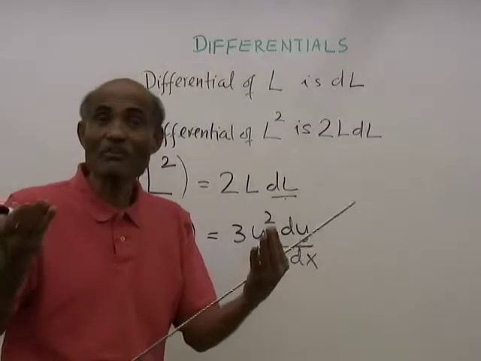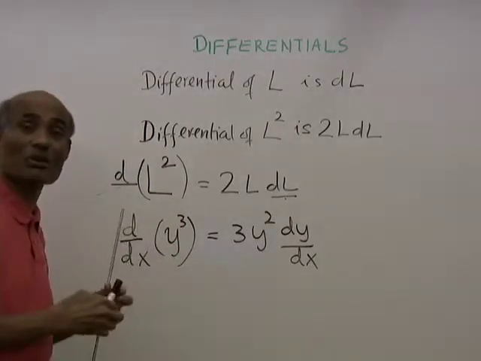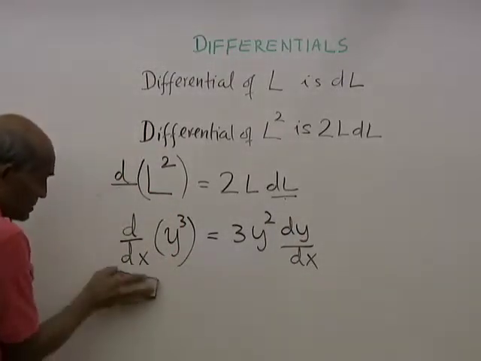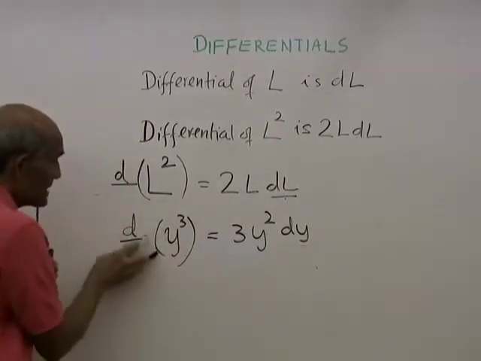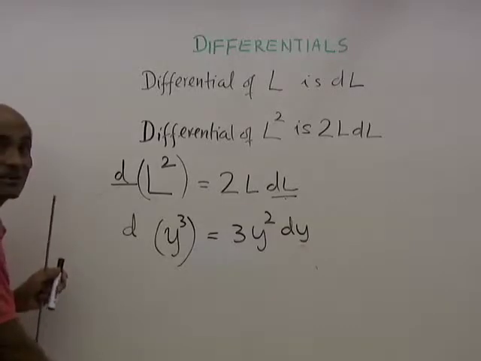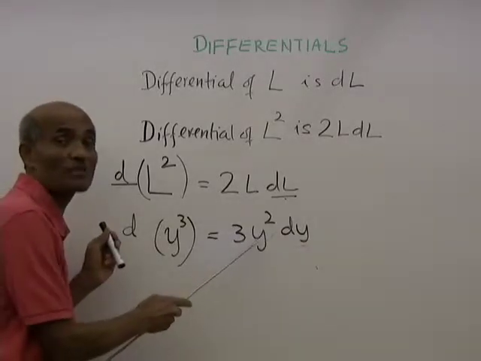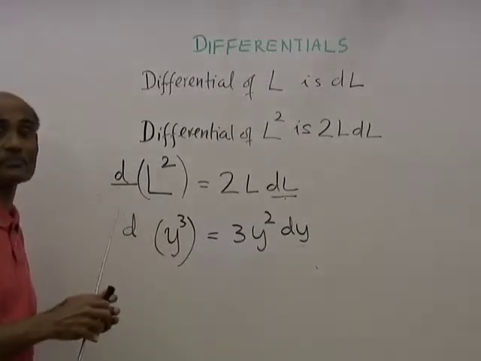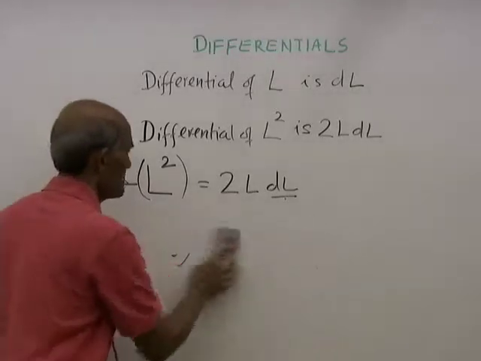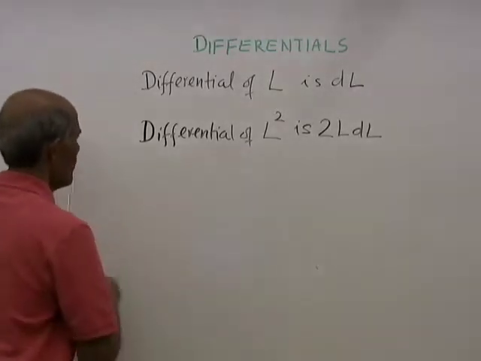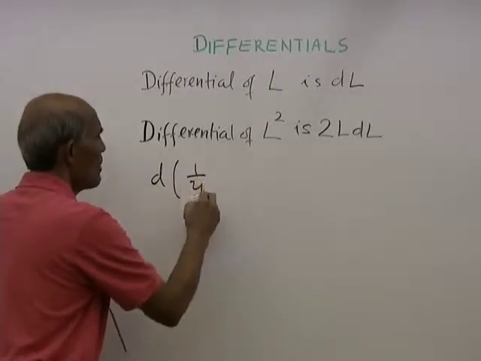In other words, we are finding the error in measuring that particular quantity. So there is no dx there. Once you remove that dx, we get our differential statement. The differential of y cubed is 3y squared dy. All right, tell me, if you understand that, let me take that away. What is the differential of 1 over y?